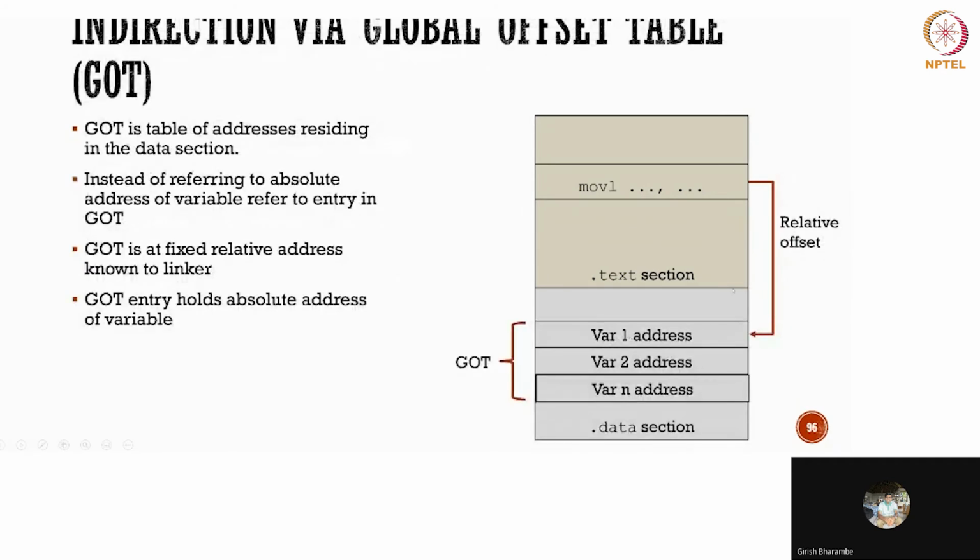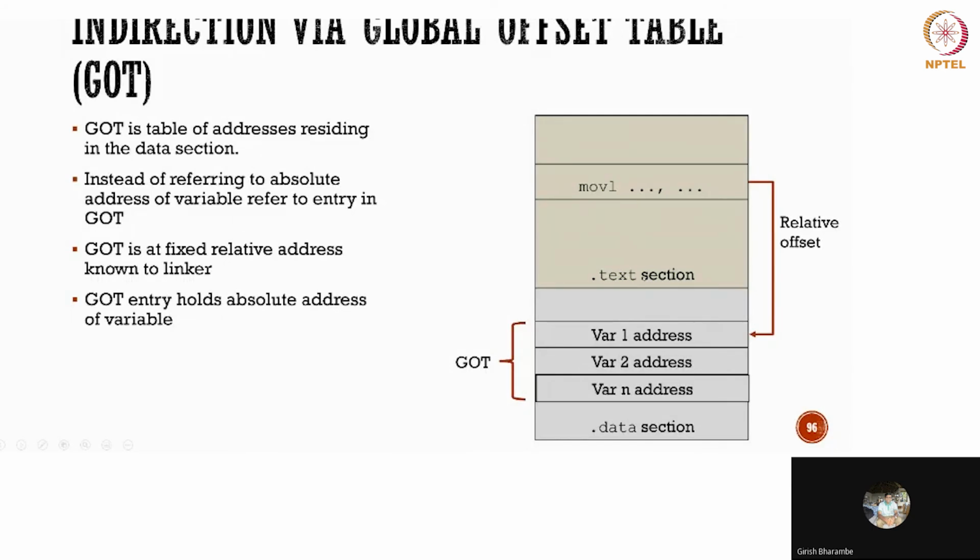I'll give an example. What shared libraries do is they create an indirection via something called the global offset table, okay? Think of it this way: there is a separate table holding addresses of all variables. And the start of this GOT, or global offset table, is always fixed after the text sections.